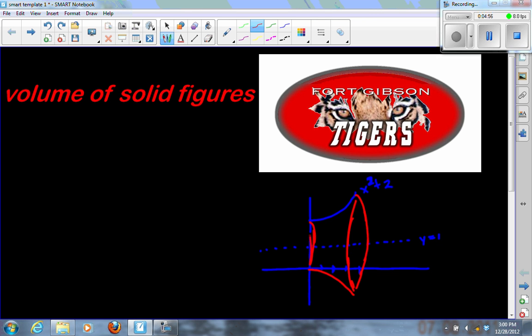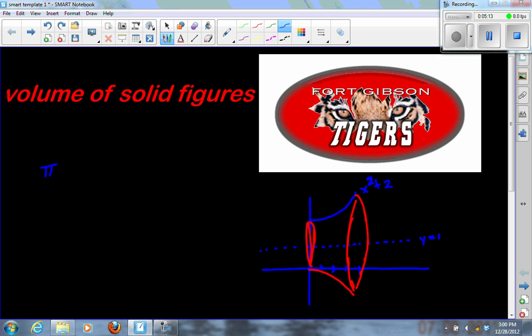So maybe part of a horn, you know, maybe the horn would keep coming down right here, but the biggest part, maybe the bell part or whatever you want to call that. This shape's kind of strange, but the process is still the same.